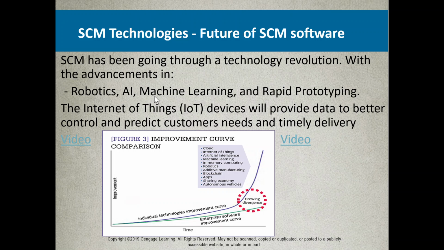Quantum computing with AI is going to have a significant leap in how supply chain management is actually conducted. Machine learning is part of AI as well. Rapid prototyping is a very interesting concept where you're building a prototype or a one-off in locations where it's needed.